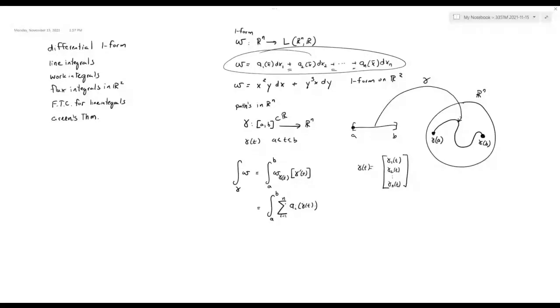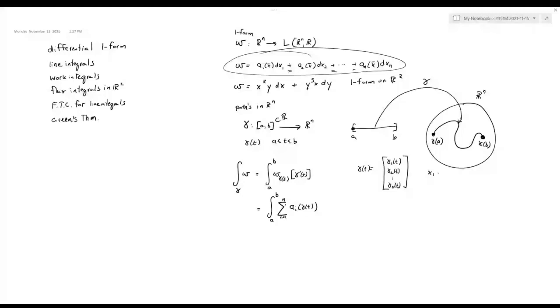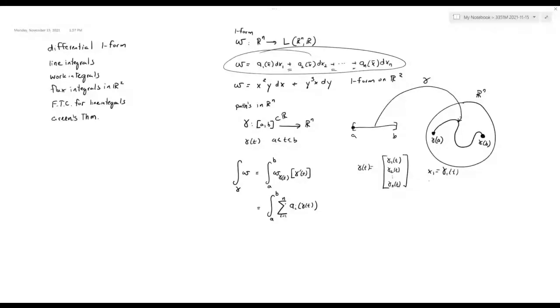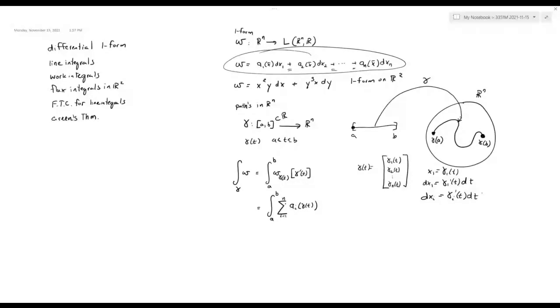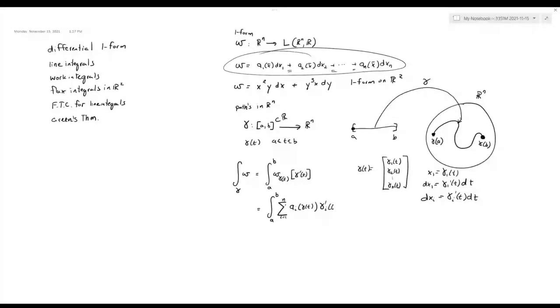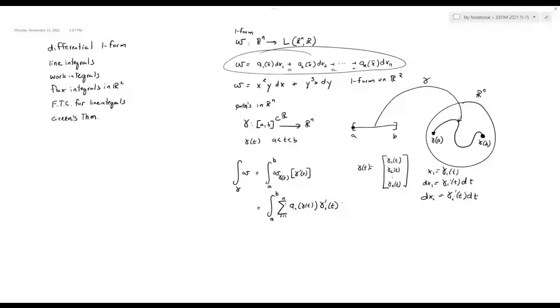And if x1 is given by gamma at t, then the differential dx1 is gamma prime at t dt. So the differential of the ith coordinate is just the derivative of the ith coordinate of gamma times dt, the ith component of gamma prime times dt.